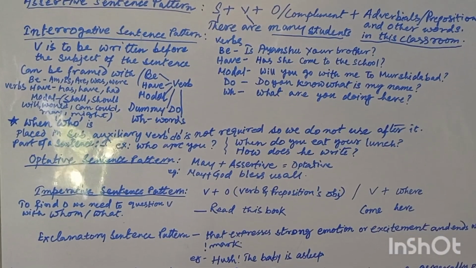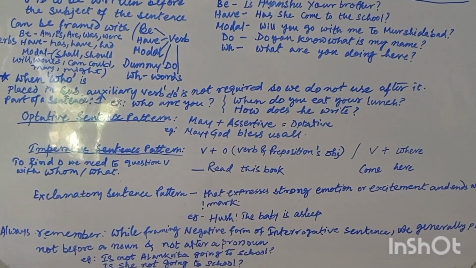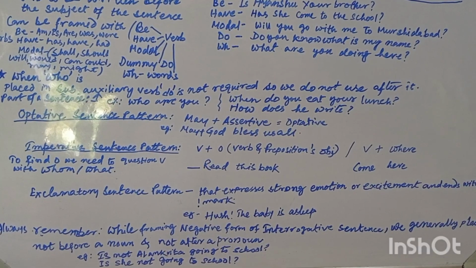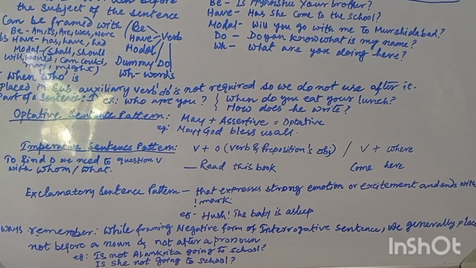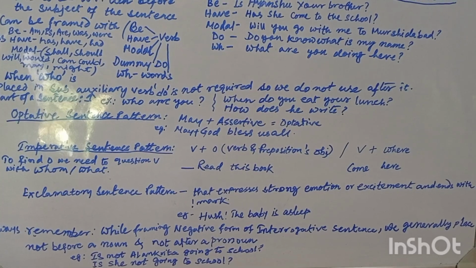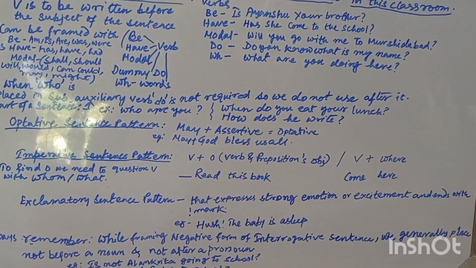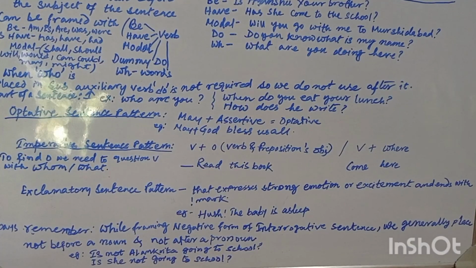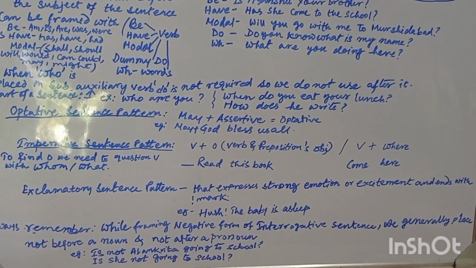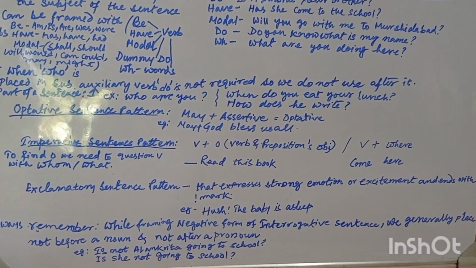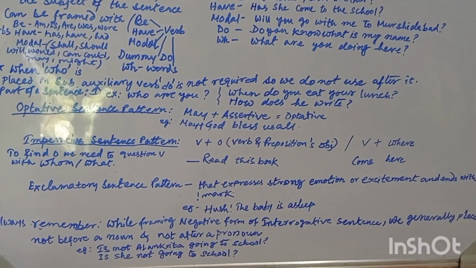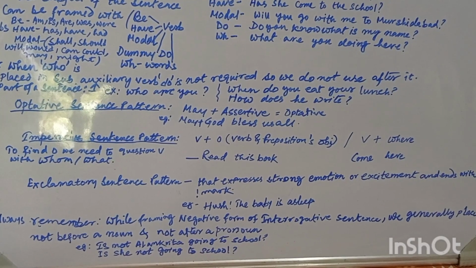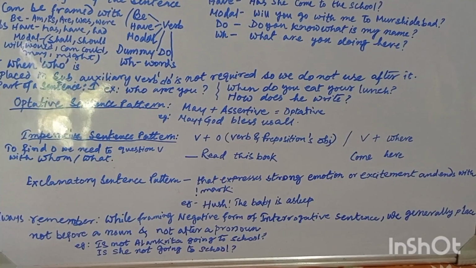I hope this class is fruitful for you all. And one more important fact that you must always remember is that while framing the negative form of an interrogative sentence, we generally place not before a noun and not after a pronoun. Let's check the examples that I have mentioned here. Is not Alankrita going to school? See the sentence, I am using not before Alankrita.